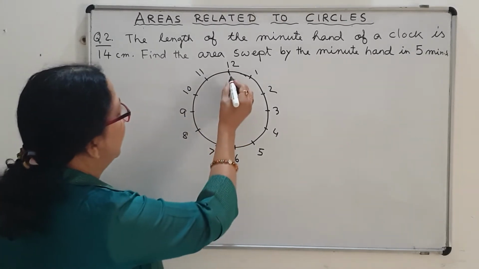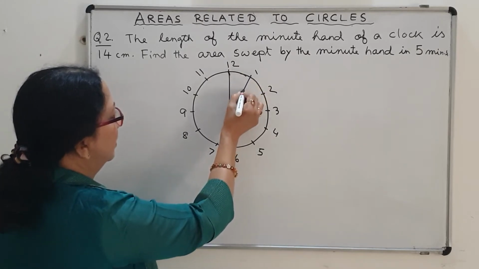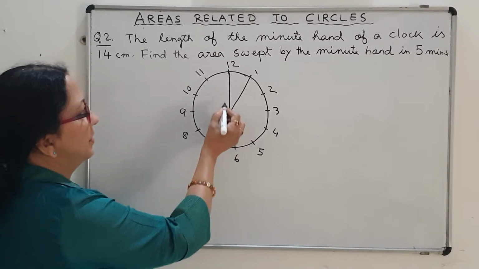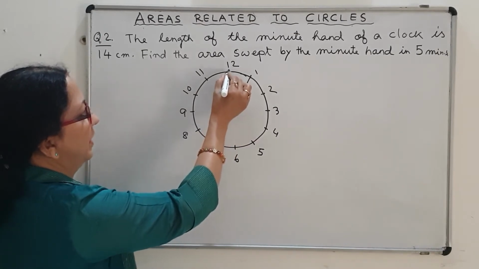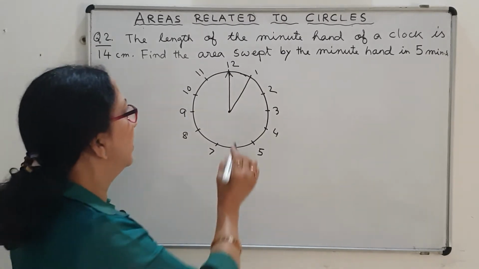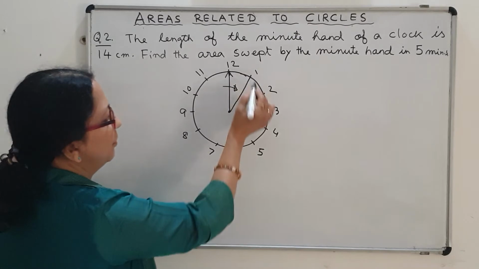So if I join all these in this way, and consider the minute hand to be of this length, from here to here, then as it moves in this way, it will be forming sectors.